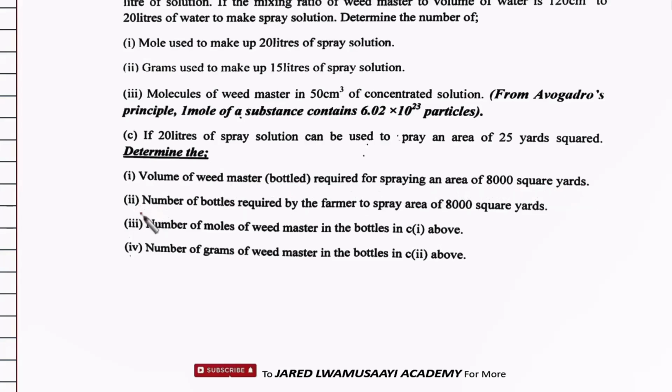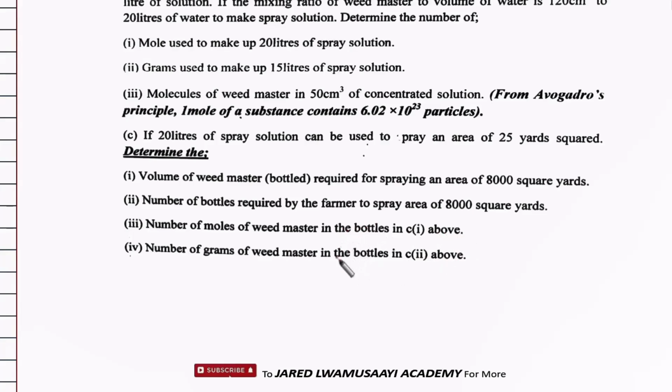Roman number 2 of part C, determine the number of bottles required by the farmer to spray an area of 8,000 square yards. Roman number 3 of part C, determine the number of moles of Weedmaster in the bottles in C1 above. This one is a reference. Roman number 4, the last one of part C, determine the number of grams of Weedmaster in the bottles in C2 above. The reference is Roman number 2.